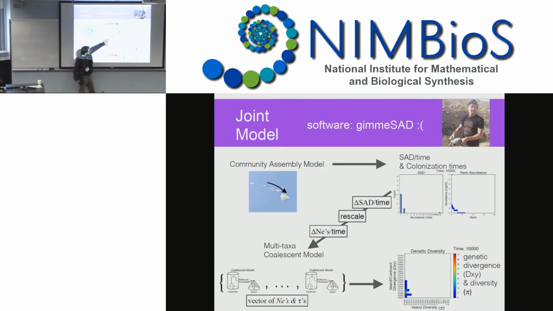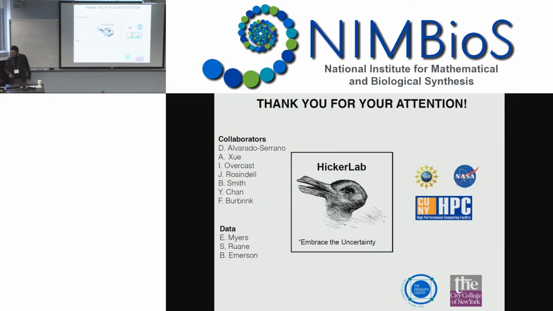Then we reparameterize these into something that makes sense within a coalescent population genetic model. And then we can co-generate diversity spectra across an assemblage of taxa. So that really ends right there.